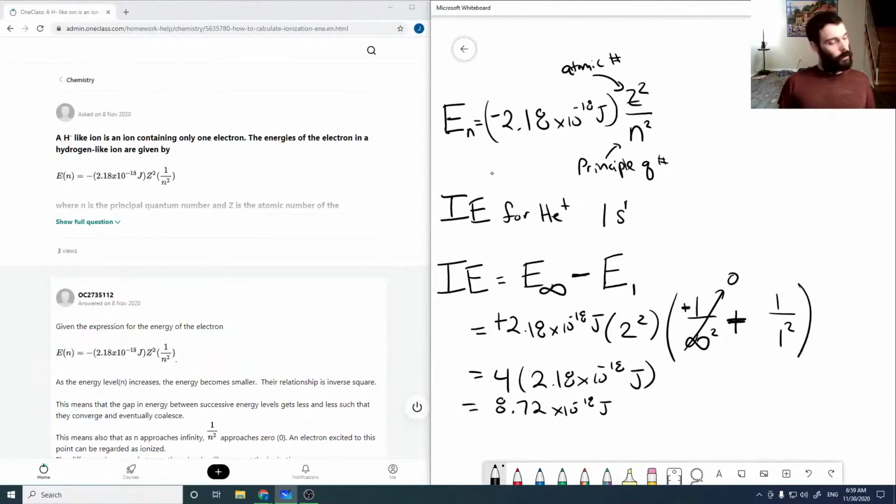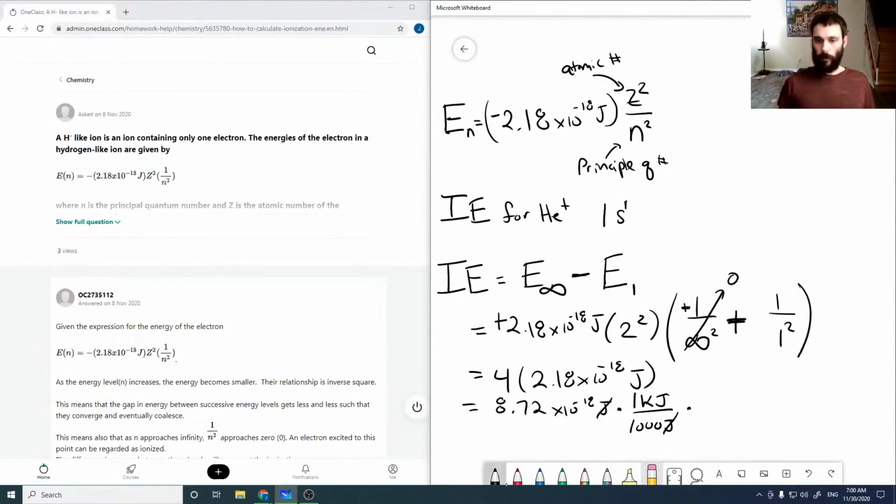It also wants the answer in kilojoules per mole, so that means we need some conversion factors. So a kilojoule is 1,000 joules. And to get into per mole, we just need to multiply it by Avogadro's number.